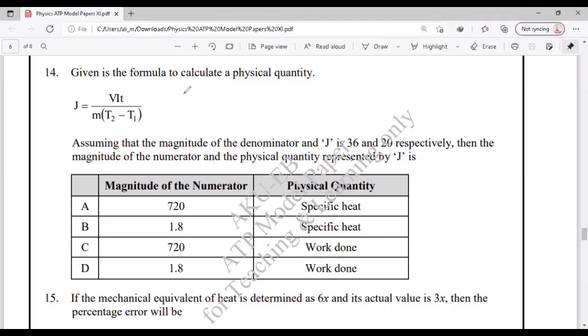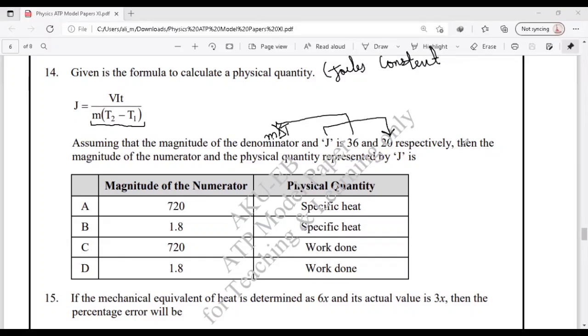Let's come to question number 14. The given formula is used to calculate a physical quantity that is known as Joule's constant. So assuming the magnitude of the denominator, m delta T, is 36, and J is 20.